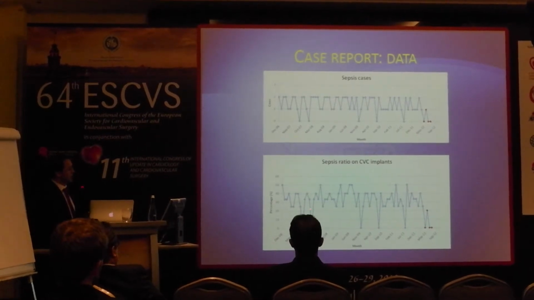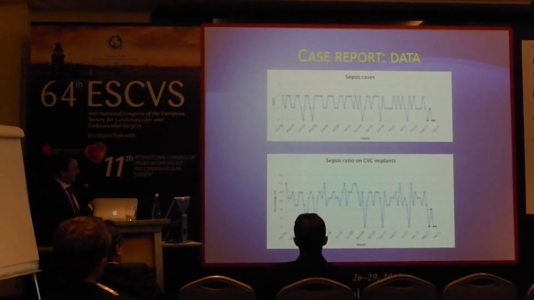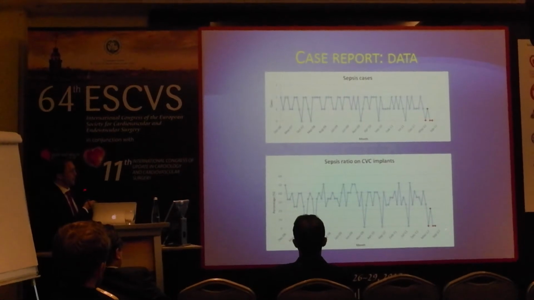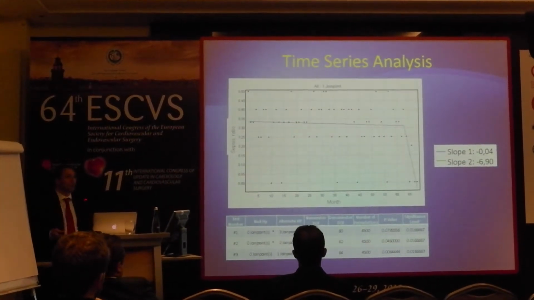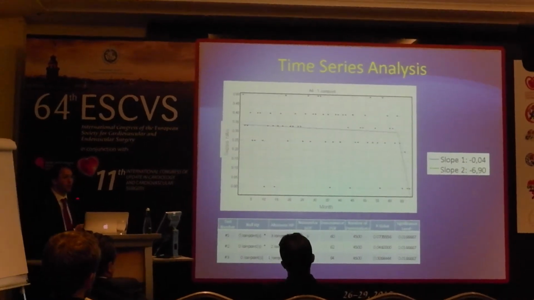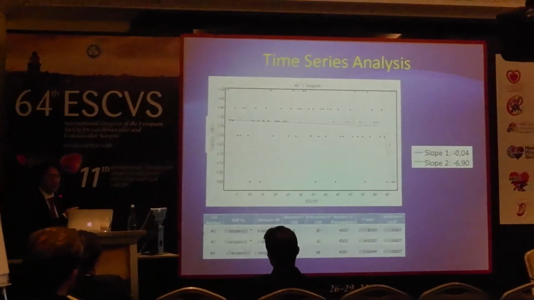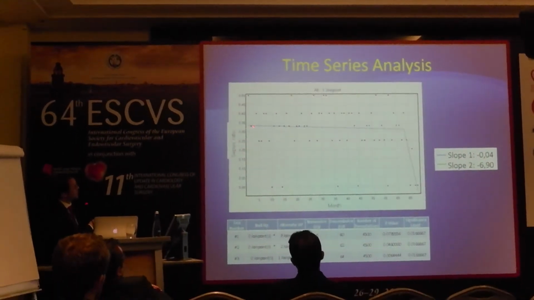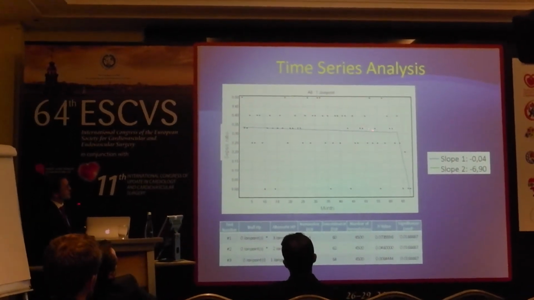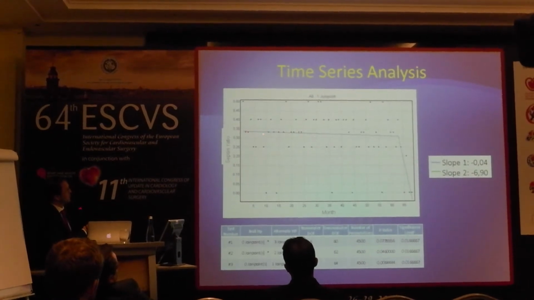And this is a time series, and the red dots are still our experiment. When we test this device on all the patients, of course there is no ethical points here, we're just testing on the central venous catheter. So this is time series analysis, and we see that there is a trend, stable trend, maybe decreasing a little bit.